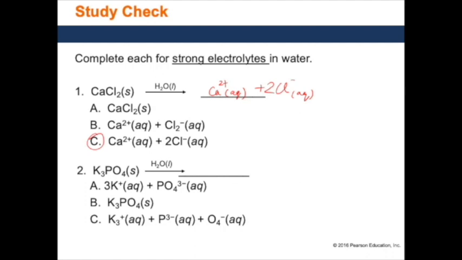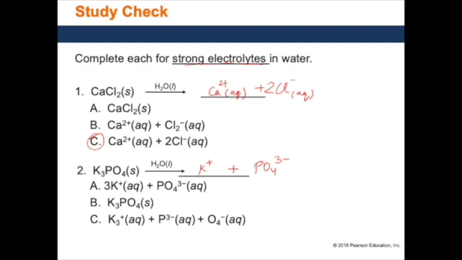Next we have K3PO4. Again, it's a strong electrolyte, so you don't have to think too much. The straight answer is that it is going to dissociate into ions. What ions does this have? It has potassium ion, and it consists of PO4 3-. Remember, it's a polyatomic ion, so PO4 3- is the phosphate ion. How many potassium?